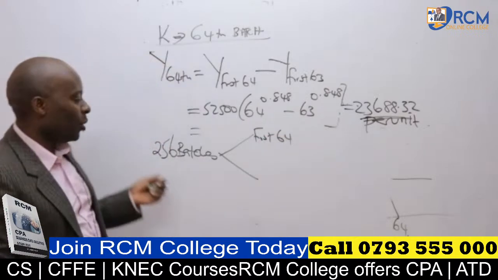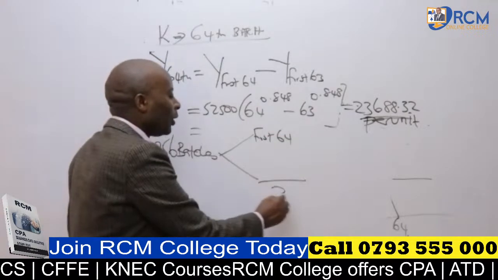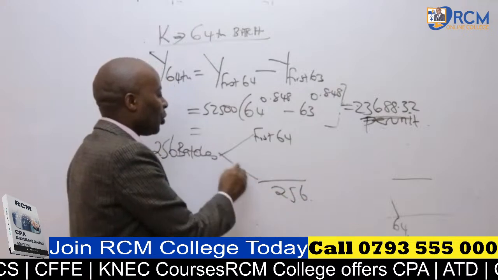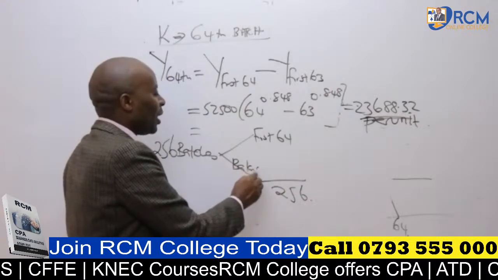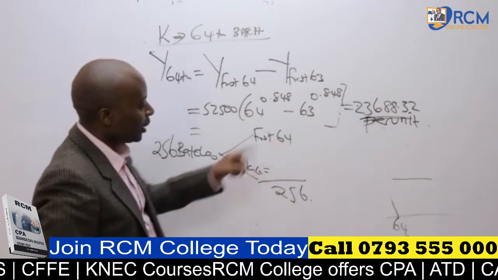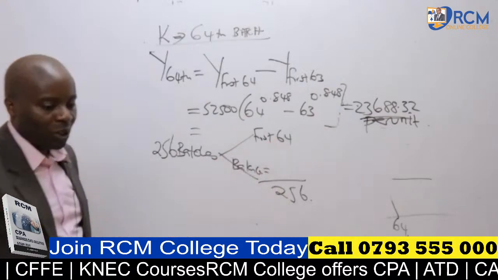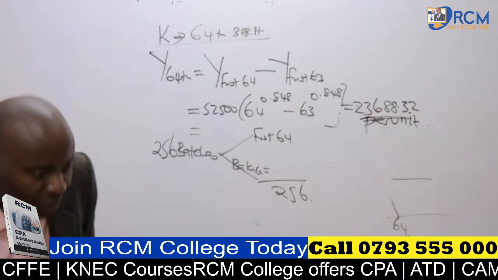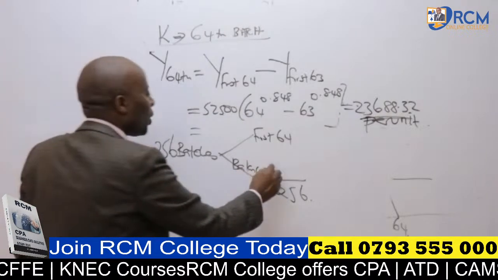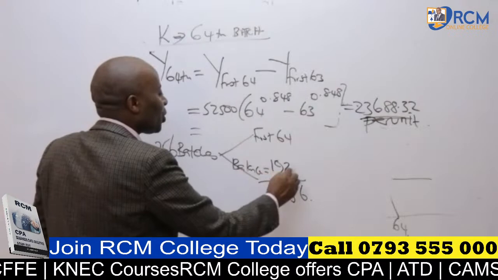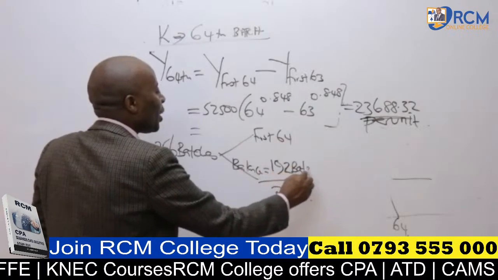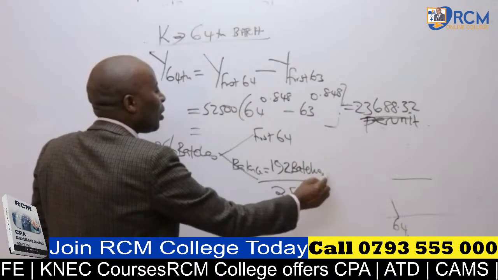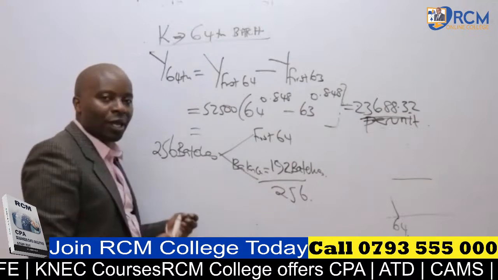And because we want to account for all the 256 batches, could you kindly give me the balance? What is 256 minus 64? Rose has given me a figure of 192 batches. Remember, these are the ones which are going to enjoy the constancy.